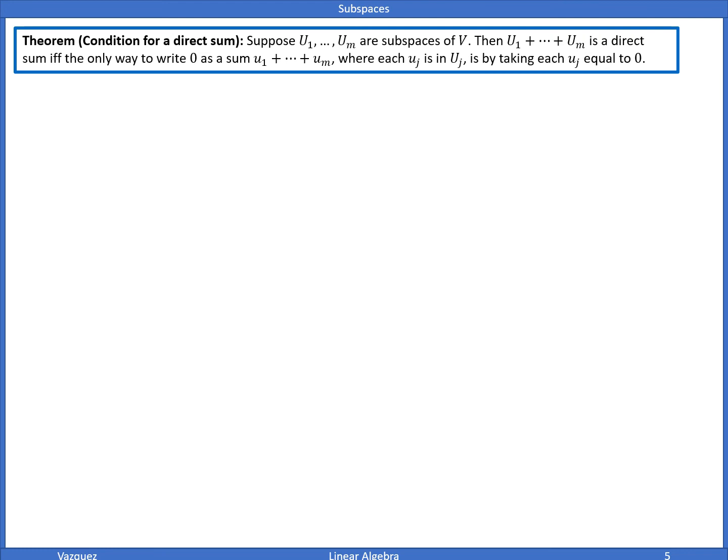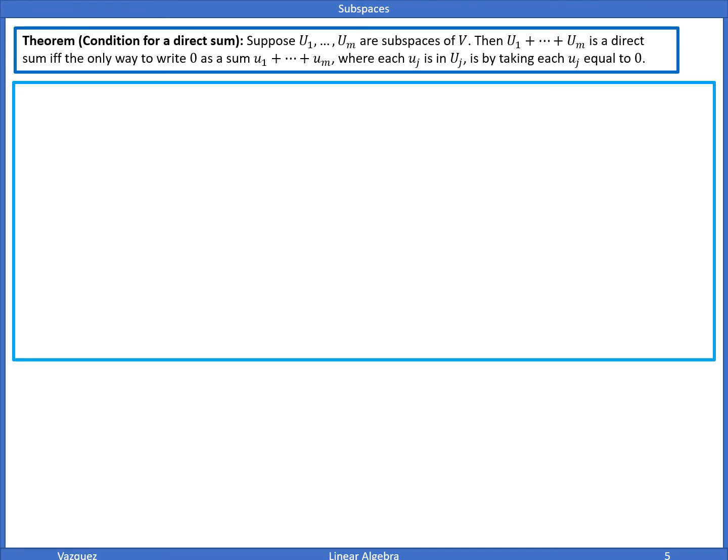This is I guess a lengthier proof, but it's neat and it's not really hard to follow. So let's go ahead and start with that. Because it's an if and only if, a biconditional statement, we do need to prove one side first. So we're going to first suppose that the sum U1 all the way to UM is a direct sum.